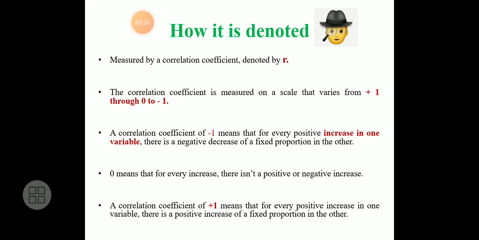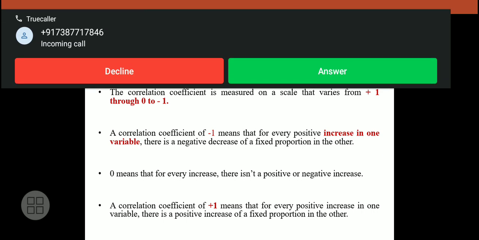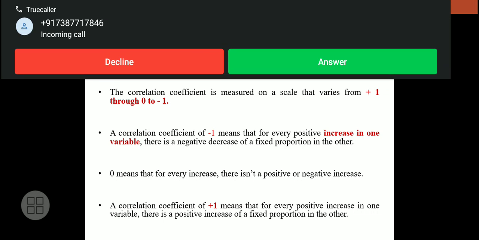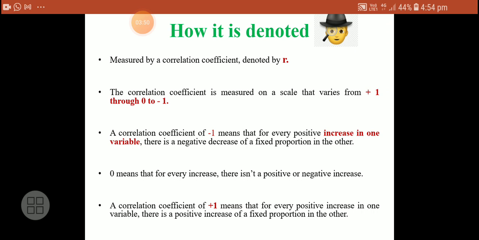Correlation is a measure of association between 2 variables. That you have to keep in mind, isn't it? So already I have told you that the correlation coefficient can be measured with the help of mathematical and graphical methods.